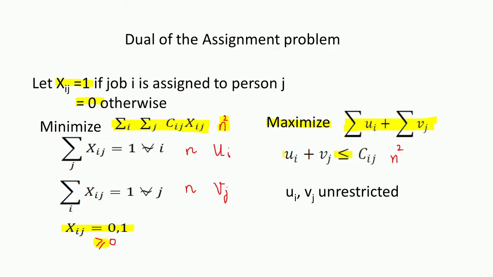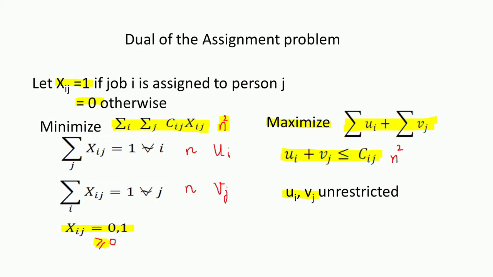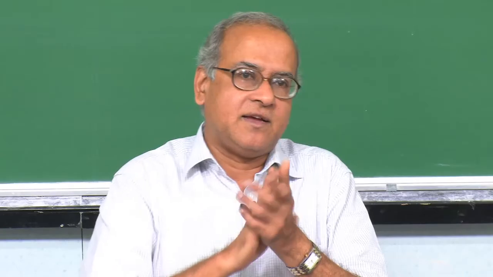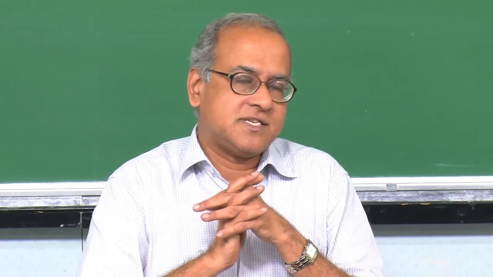So, ui plus vj less than or equal to cij, and there are n square or 16 such constraints. Once again, ui's and vj's are unrestricted because the primal constraints are all equations. We have already seen in our duality that if a primal constraint is an equation, the corresponding dual variable will be unrestricted.